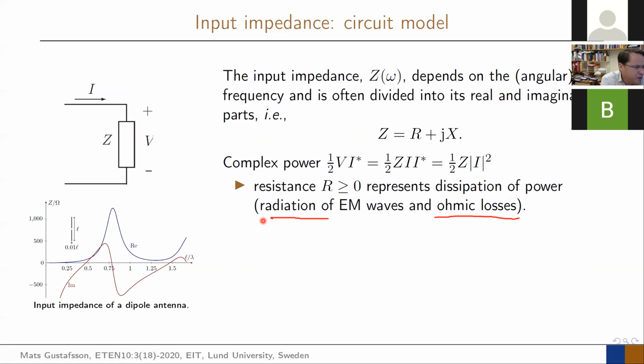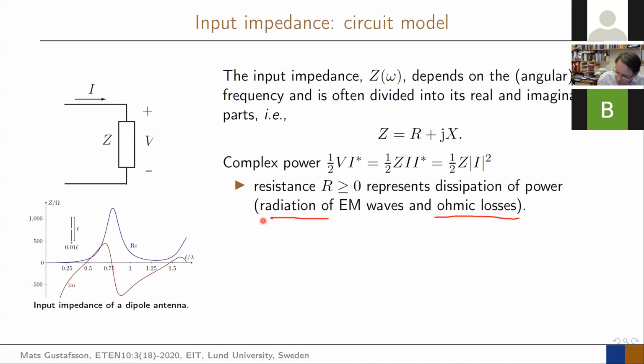Do you have any idea if your antenna radiates or if it just absorbs power? From the circuit, you cannot see the difference. There is no difference between this because the circuit doesn't see the radiation. It only sees that something is reflected back to me. So it cannot distinguish these two. So that distinction we have to make in some other way.